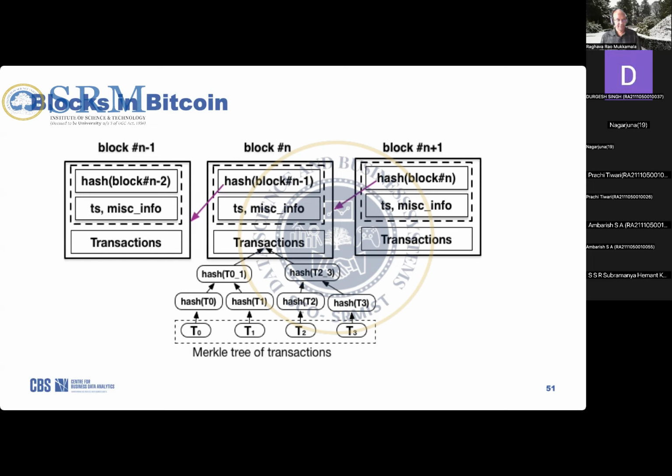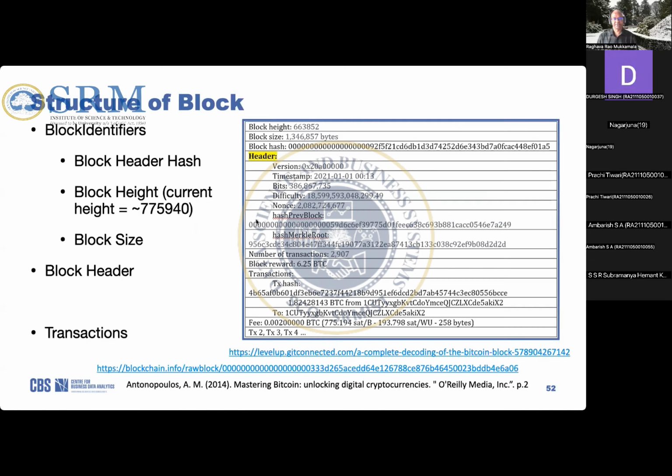So when we create a block, we put all the transactions and we form the Merkle tree. Then we put some additional information in the header. And then we take the parent block to which our block will point, take the hash value of it, and put it here, right? So this is how the hash pointer linking works.